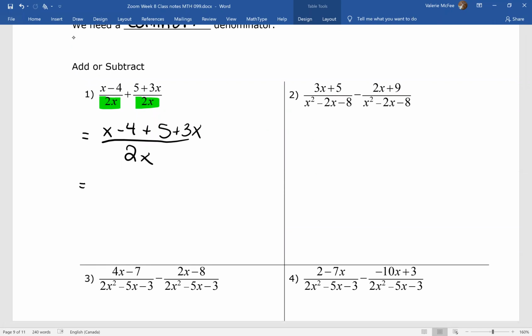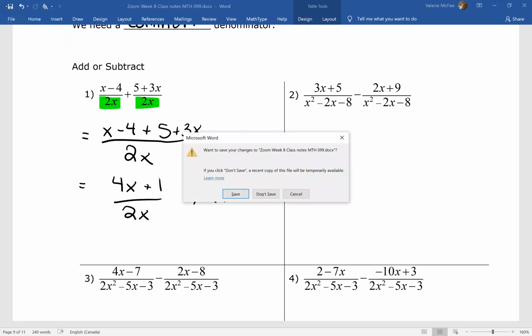Combining like terms, we have 4x plus 1 all over 2x. There's nothing to simplify here, but I know that x cannot equal 0 because 2 times 0 would give me 0. Let's look at question 2.